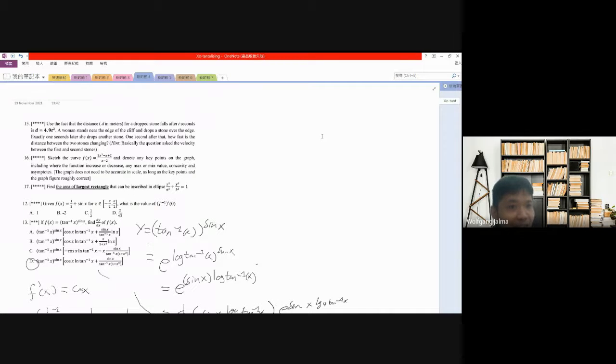How fast is the distance between the stones changing? So basically, what is the difference of the velocity of the two stones? If the two stones happen to be falling at the same speed, the same velocity, what is the answer of how fast the distance between the two stones is changing?